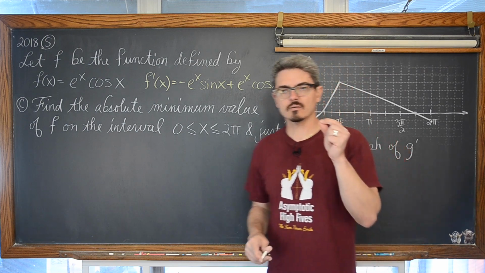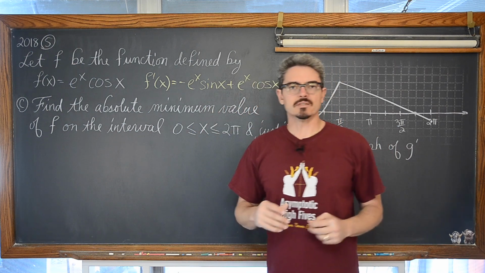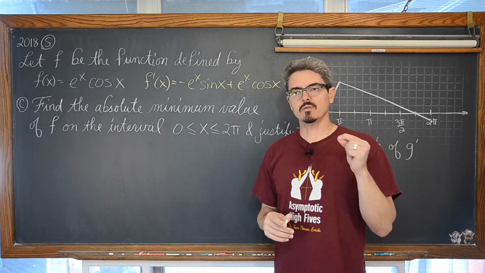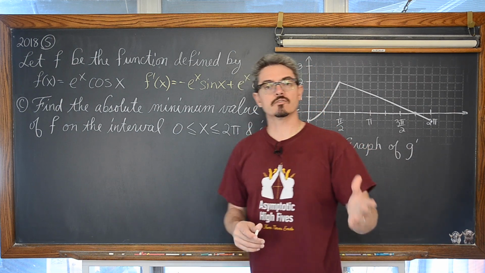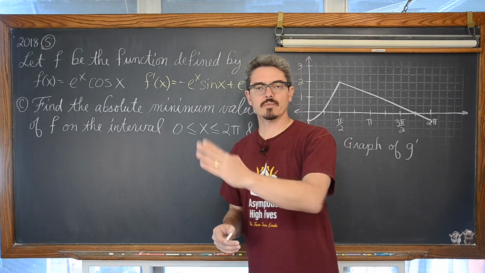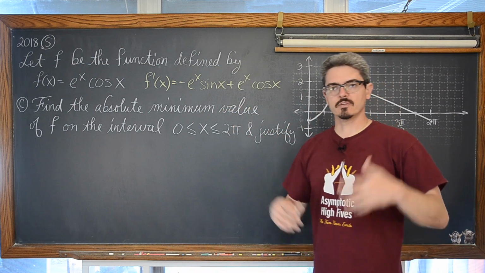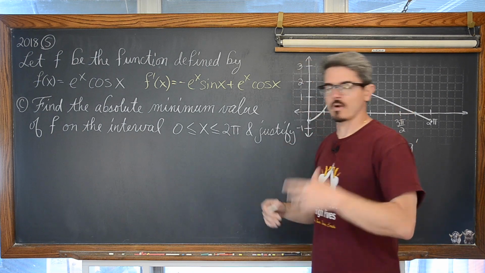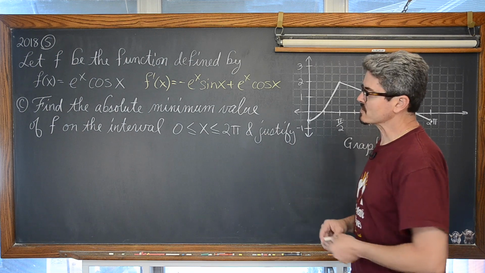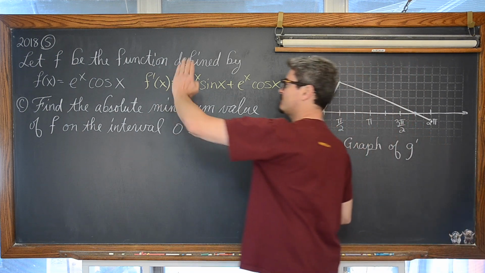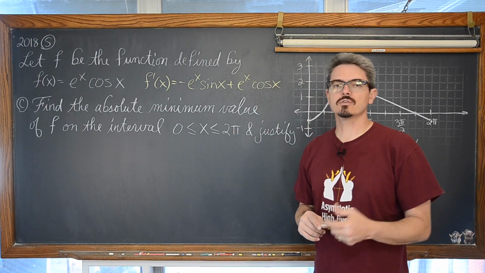Remember, finding extrema in terms of absolute max or mins is not the same as finding the relative extrema, where you need to talk about how the first derivative changes from positive to negative for relative max, or the first derivative changes from negative to positive for relative min, or maybe you're talking about the second derivative test where the first derivative is equal to 0 and the second derivative is greater than 0, or negative is less than 0. No, for an absolute max or min, all you have to do is test the function at the endpoints of that closed interval or at each of the critical values.